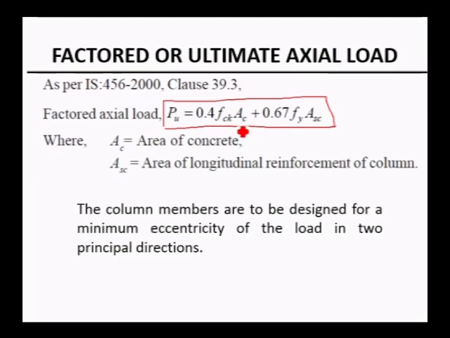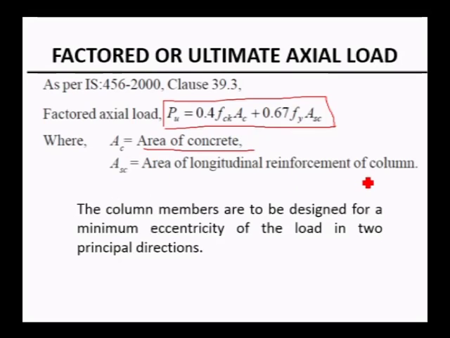0.4 fck Ac, you should know all these terms. fck is the characteristic strength of the concrete. If it is M20 concrete, 20 newtons per mm square, M25 concrete, 25 newtons per mm square. And then Ac. Ac is the area of the concrete.